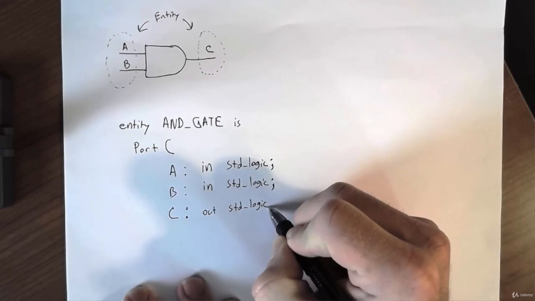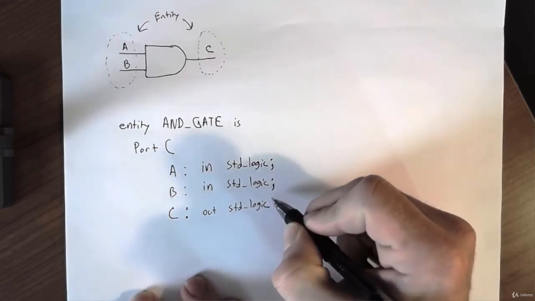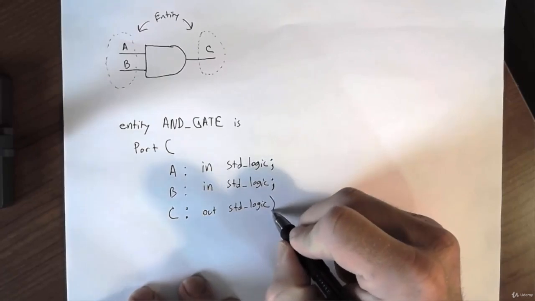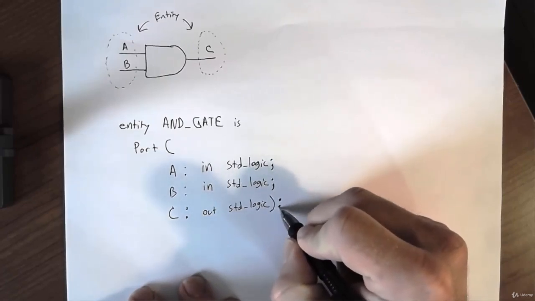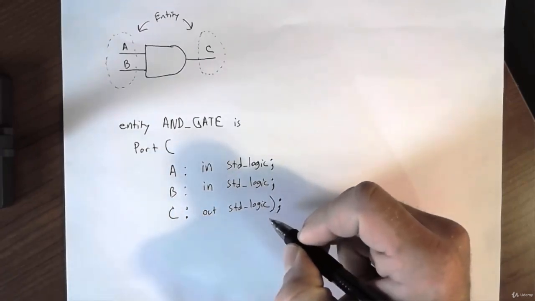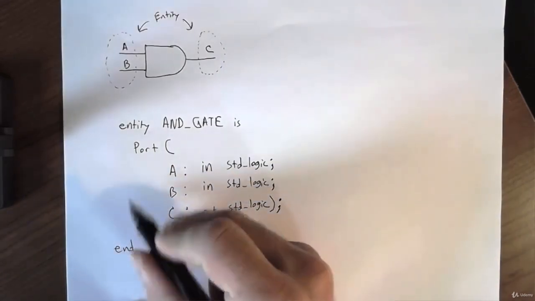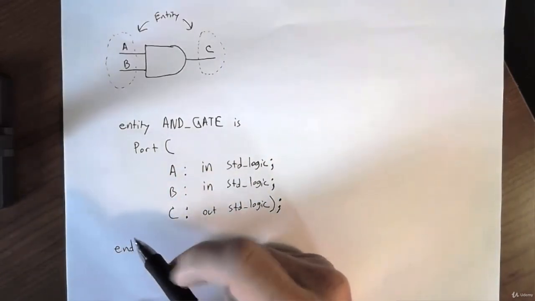Now the key is, when we define our last one, instead of a semicolon, we need to close the parentheses, or the bracket, of our port. So we'll close it, and then we'll do a semicolon, and then we want to use the keyword end to end our entity, and we want to give the name.